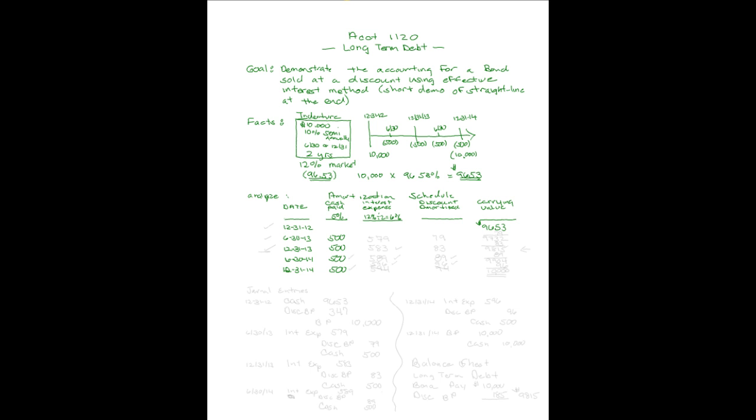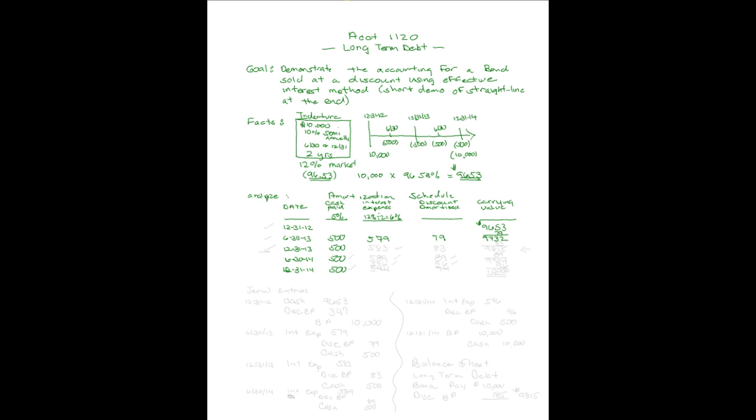96.53 is our carrying value times 6%. It says interest should be $579, but we're only paying $500, so we're going to use up $79 of our discount. So let's add 79. Yes, it gets added because we need to take that up to 10,000, and that takes it up to 97.32.